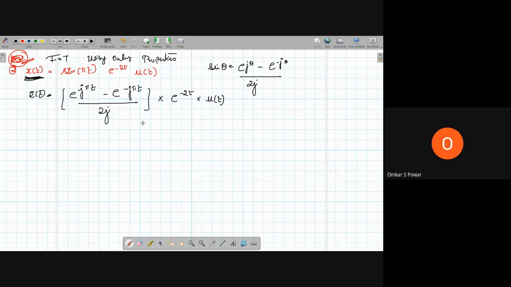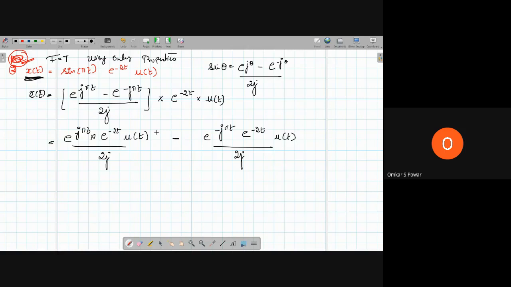Then how can we solve this one? We will multiply this one. So e power j pi t into e power minus 2t u of t divided by 2j, minus e power minus j pi t into e power minus 2t u of t by 2j. I have just written it in a simplified manner so that you can understand.